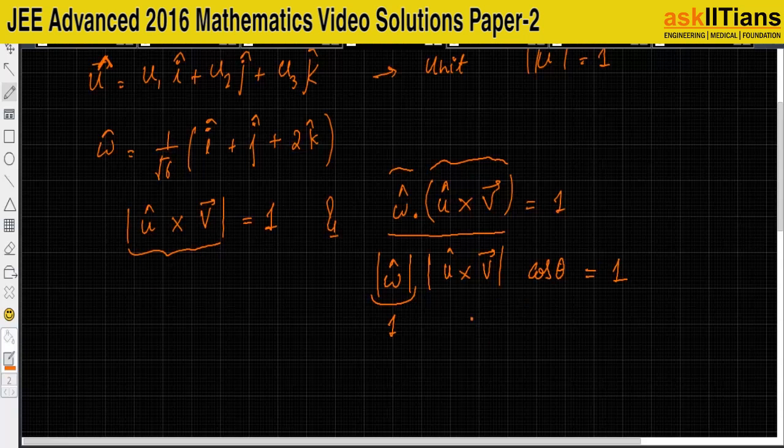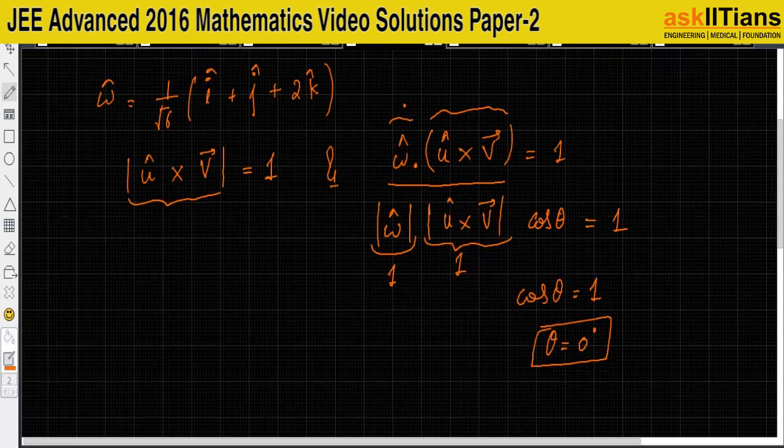So from here I'll get cos theta equal to 1. If cos theta is 1, that means theta will be 0 degrees. That means the directions of these two vectors are the same: u cap cross v and w cap have the same direction.